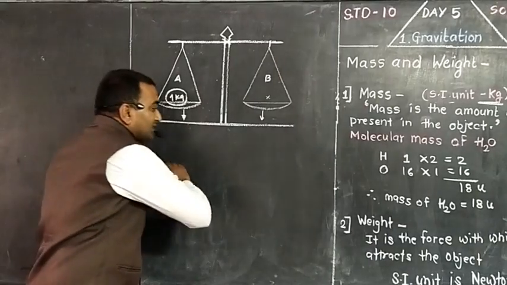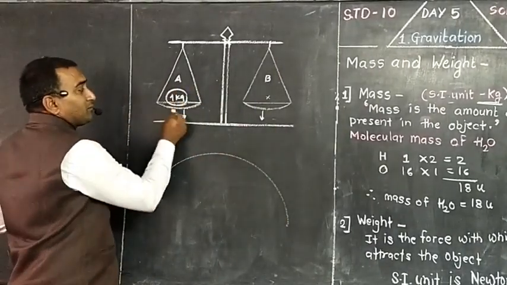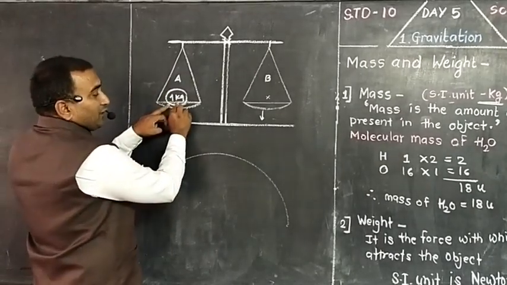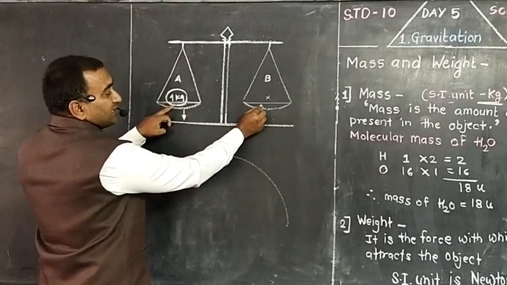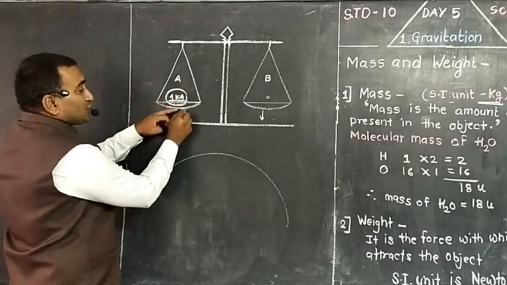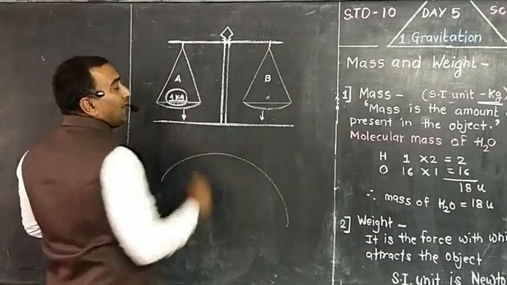Earth is the same for both, but the mass of pan A increased, so the force increased. As compared to this one, this force is the same, but here because of this 1 kg mass the force increased, so this pan will come down and pan B will go a little up.